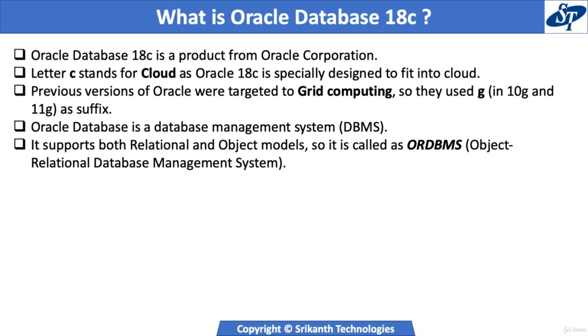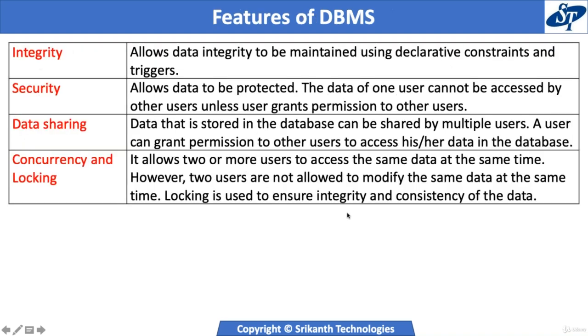Not just it is relational, it is also supporting object model. So object model is a different model, but predominantly Oracle is relational database. But as it supports object model also, you may call it as ORDBMS, Object Relational Database Management System. That's what Oracle is known as.